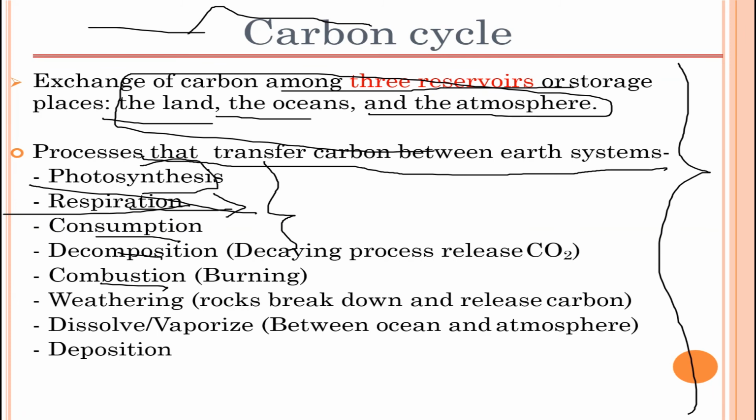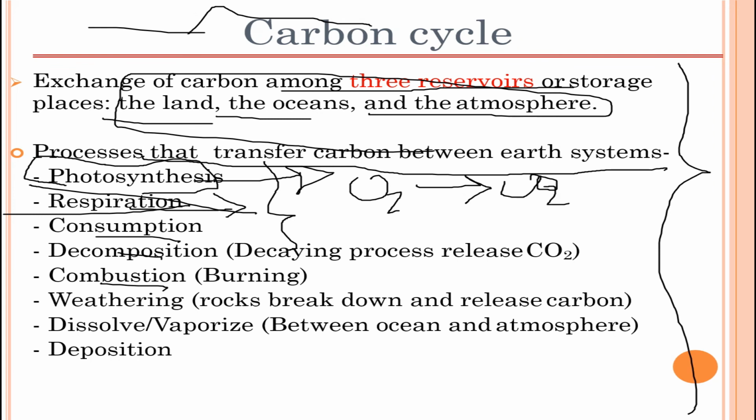In the case of photosynthesis, it requires CO2 and releases oxygen, and this oxygen is used by all living humans and animals, which respire CO2. They take in the oxygen released from photosynthesis, and thus they respire CO2 into the atmosphere.